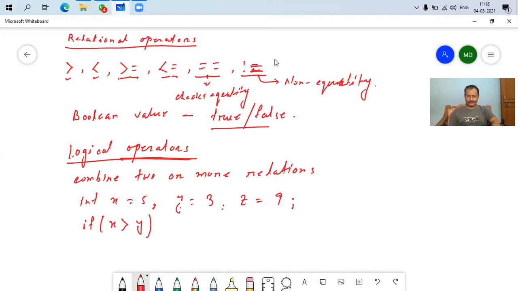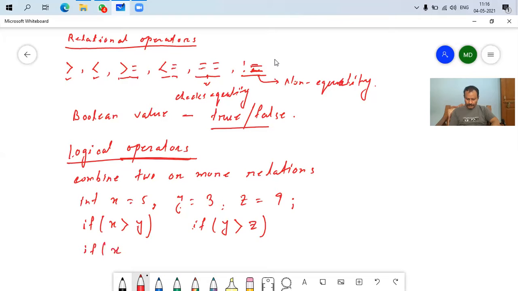Correct? This is a relational operator, and we can also check if y greater than z. Now, to combine these two different relationships, we can use the logical operator.